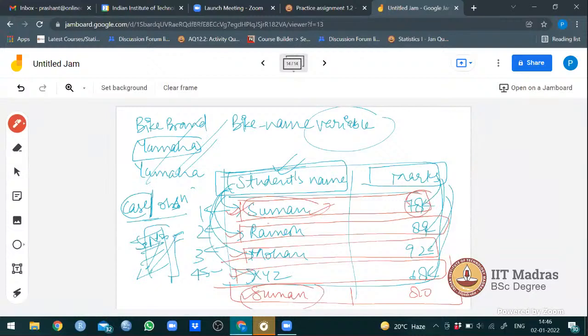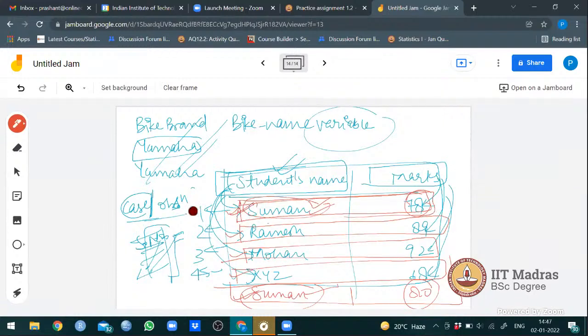You don't know which Suman I'm asking about, the first or the second. So it should be unique. Cases should be unique. Observations should be unique.